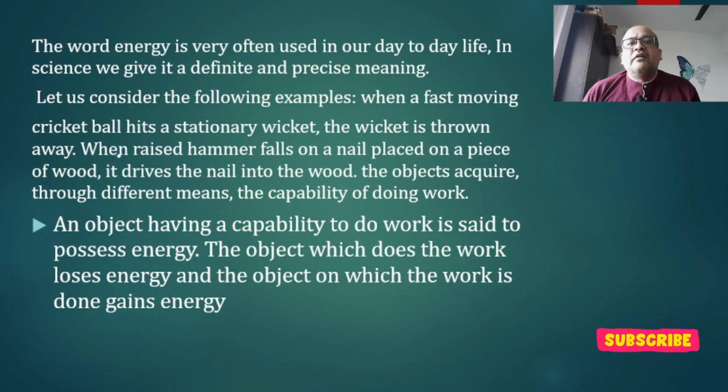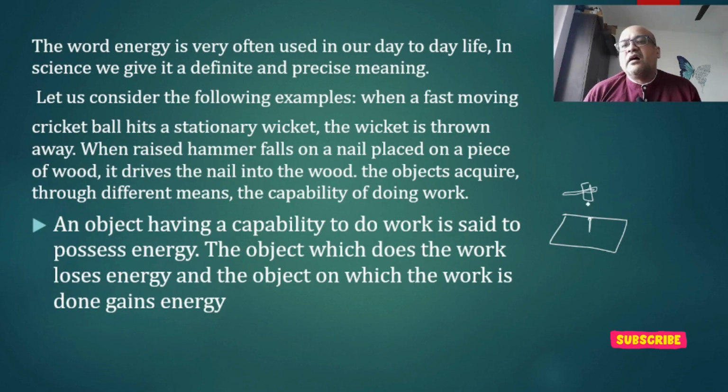When a raised hammer falls on a nail placed on a piece of wood, see, a piece of wood is there, and we have a hammer, right? We put it on a nail, and it drives the nail inside. When we hammer it, the nail will be there inside the plank.